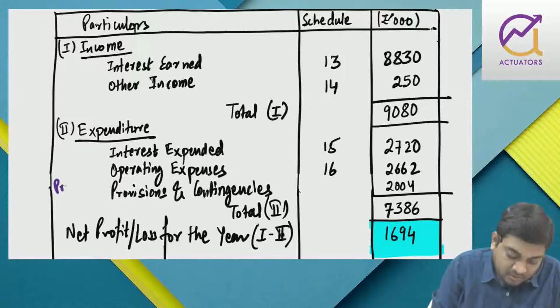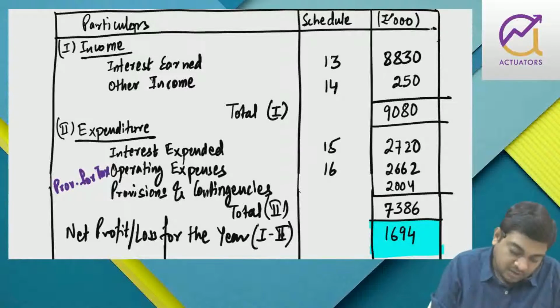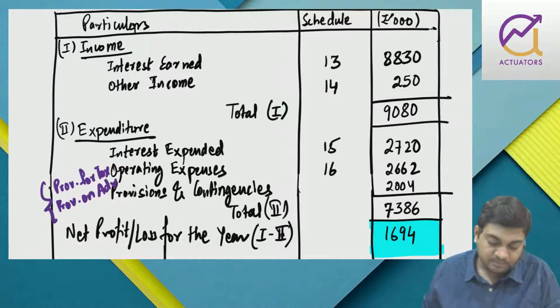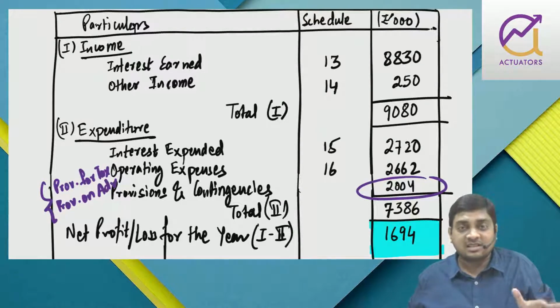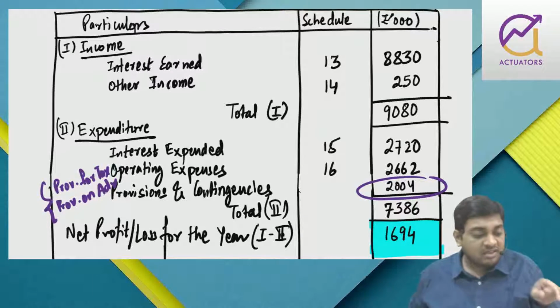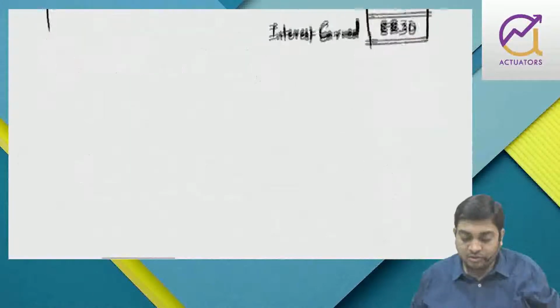One, you have provision for tax, the other you have provision on advances. So both these are included. So while preparing PL, you know the total. That is why I did not feel the need of calculating provision on advances and tax provision. But now they have asked you to separately calculate provision in respect of advances. So for that I am answering.